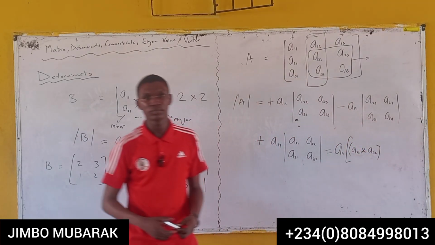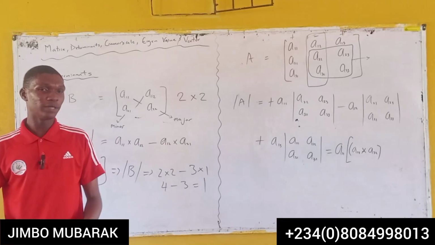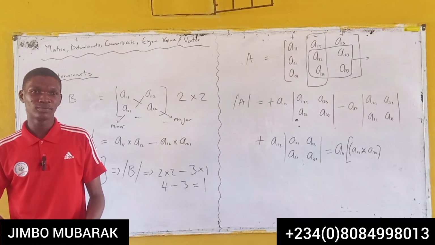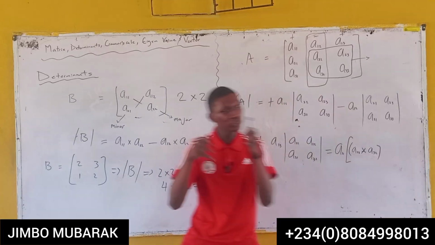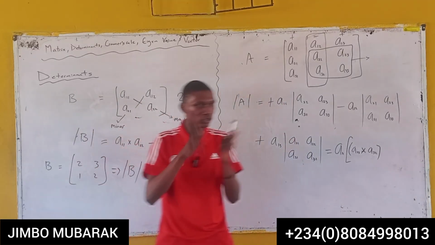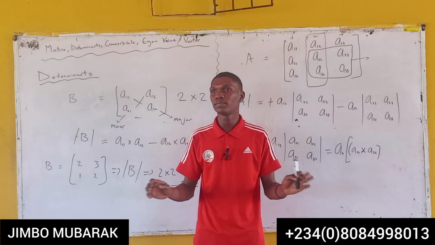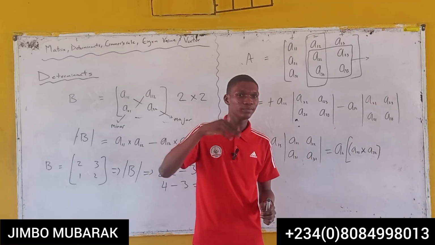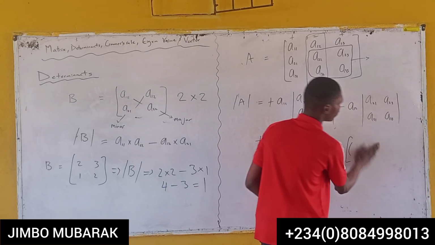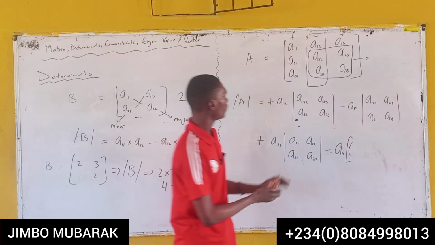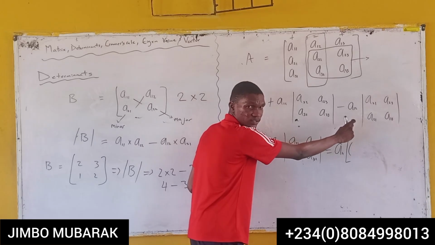Am I right? Check it very well. I'm not right. That's the mistake I said. You must consider the major before the minor, or else we have a problem. So therefore, this is not correct. We have to take this first.